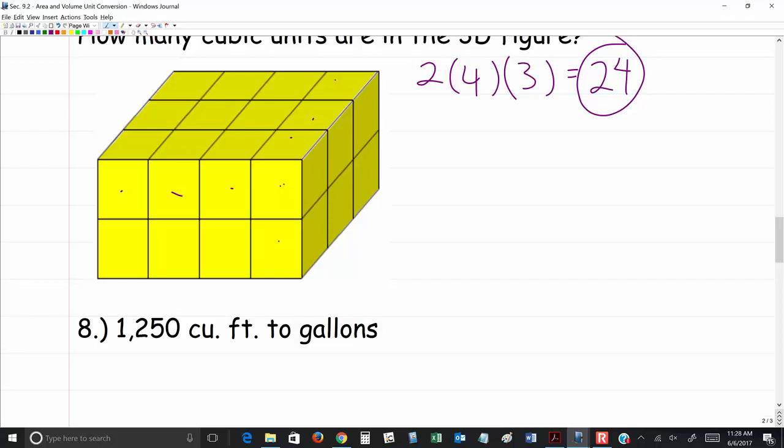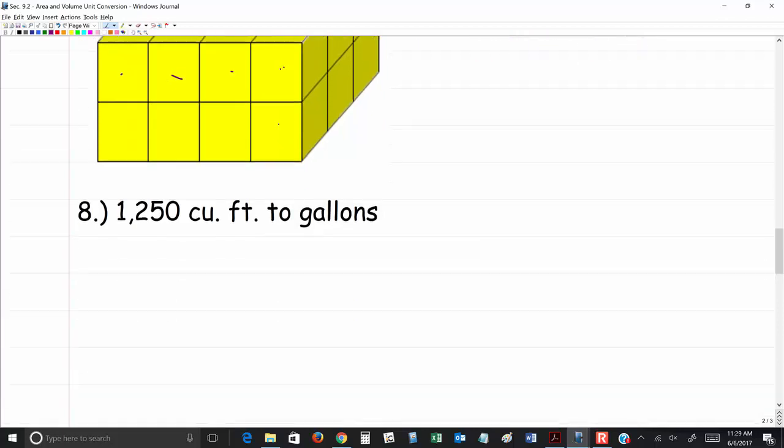Okay, so we already have a direct conversion factor for that on our conversion sheet with cubic feet to gallons. So we don't need to cube anything. It's just straightforward. So that would be 1250 cubic feet, which I'm going to abbreviate like feet cubed.